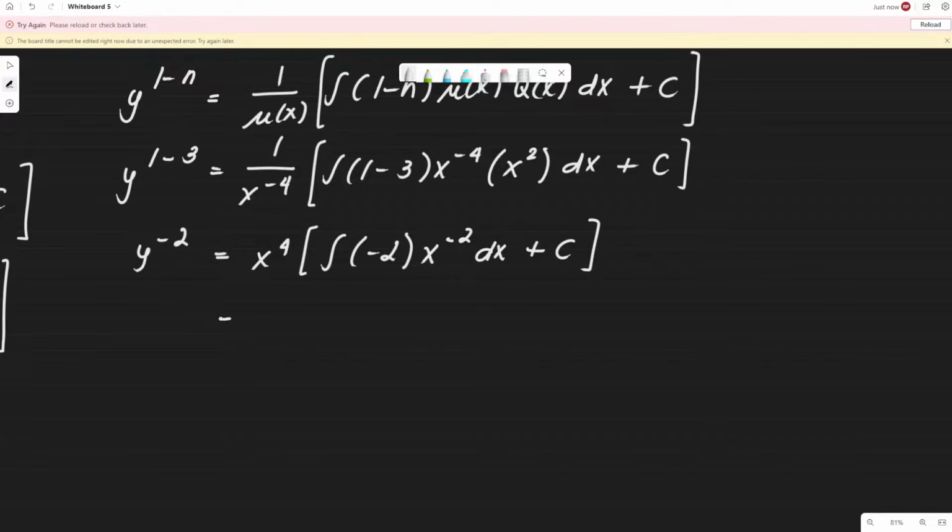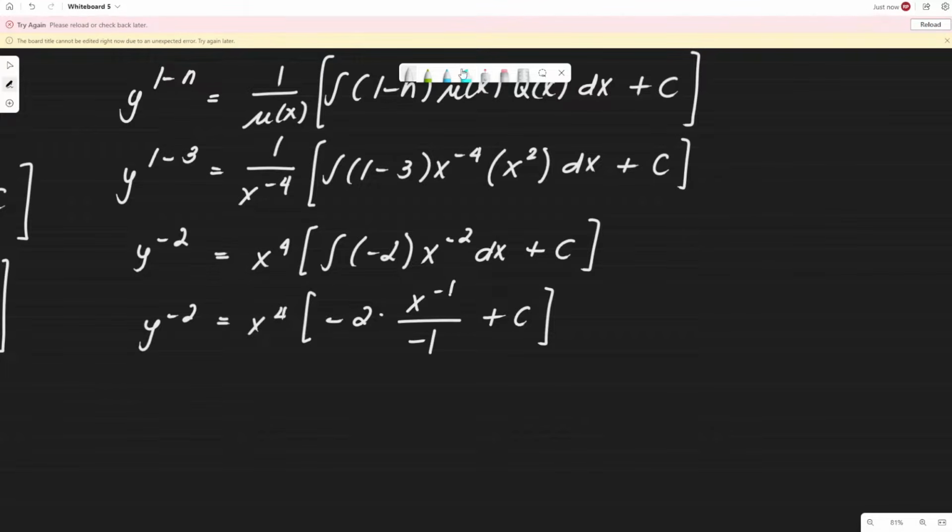Okay, so we'll have y raised to negative 2 equals x raised to 4 times the integral of negative 2 x raised to negative 2 dx. The new exponent of x is negative 1. So, x raised to negative 1 over negative 1. So, we have negative 2 times x raised to negative 1 over negative 1 plus c.